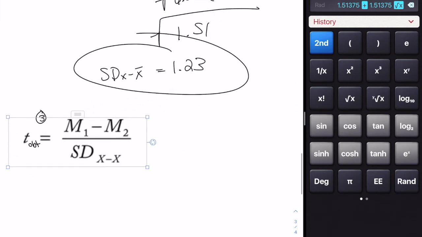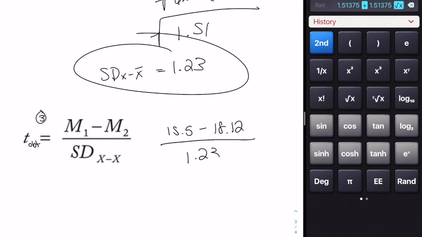We know that our means are 15.5 minus 18.12, divided by 1.23. So let's see what we get.